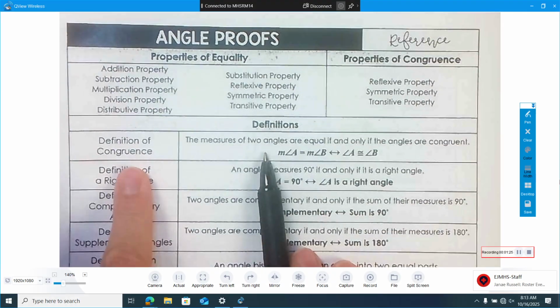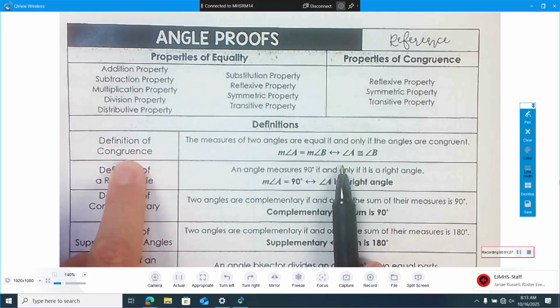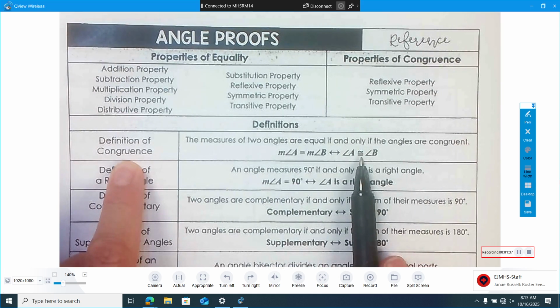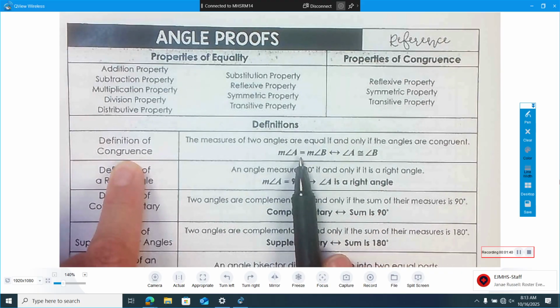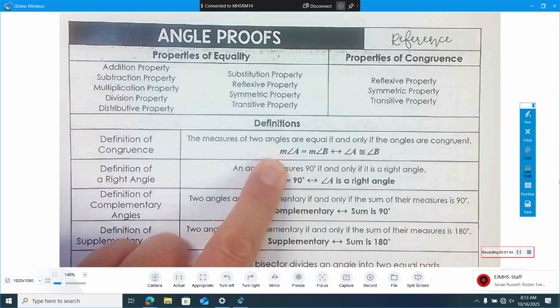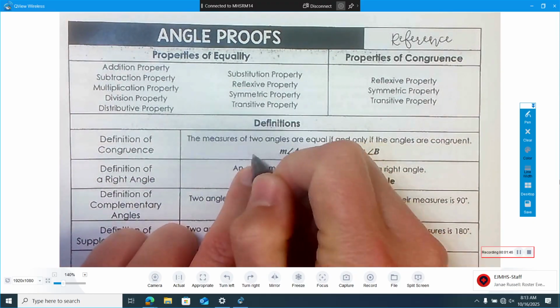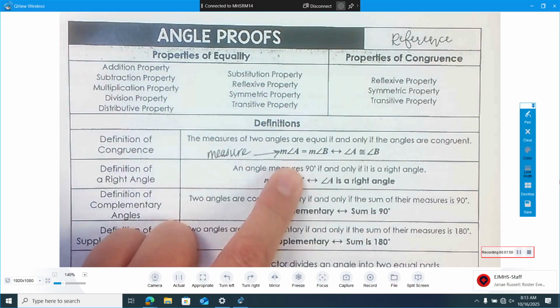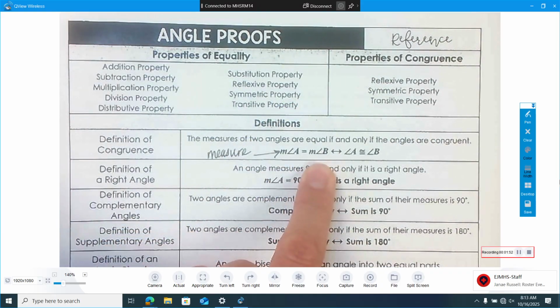We have the definition of congruence again for angles, just like for segments. So we're transitioning from the equal sign to congruence. When we talk about the angles being equal, what does the little m stand for? Measure. The measure of angle A is equal to the measure of angle B.